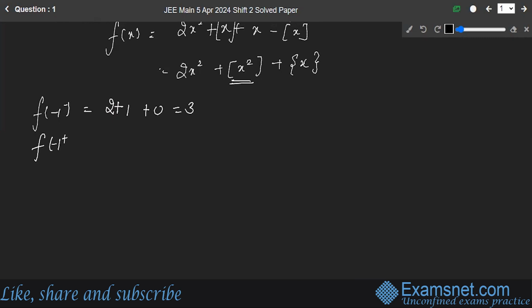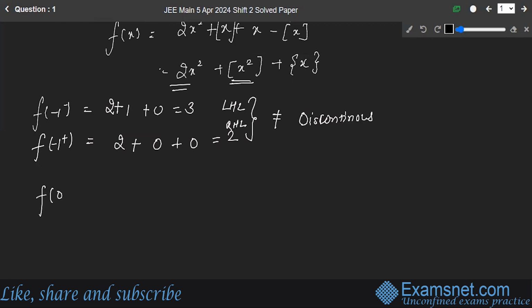Now f of -1 plus will give me again a 2. And this is -1 plus, so the greatest integer will give me a 0 over here and a 0 over here. This is equal to 2. So the LHL and the RHL are not equal, so the function is discontinuous at this point.